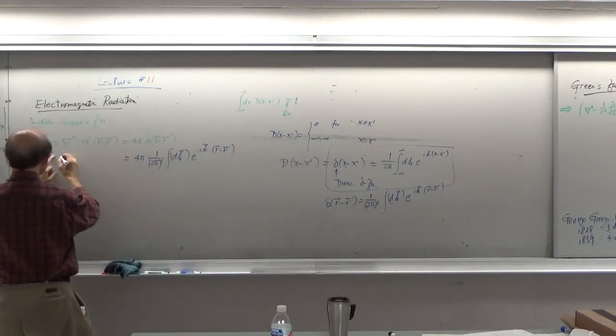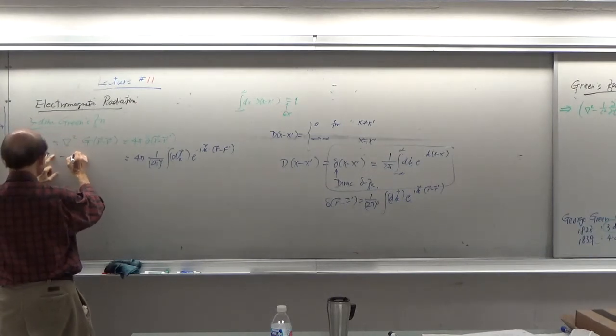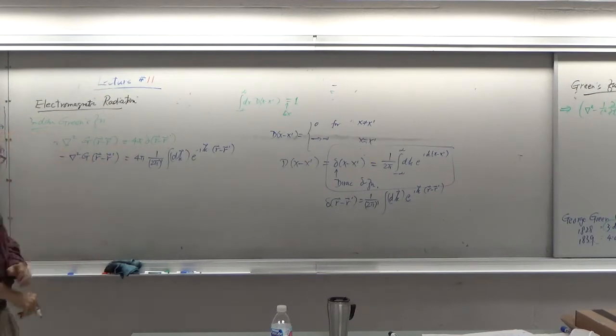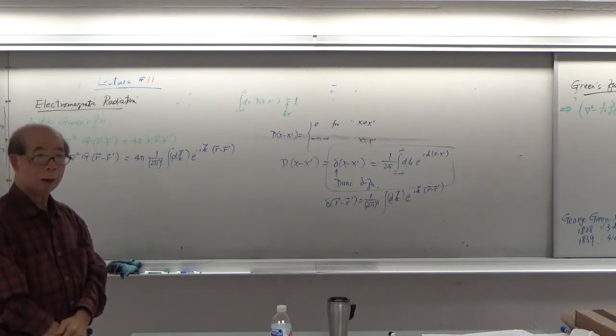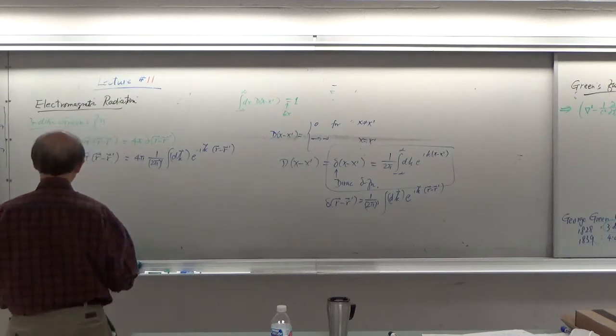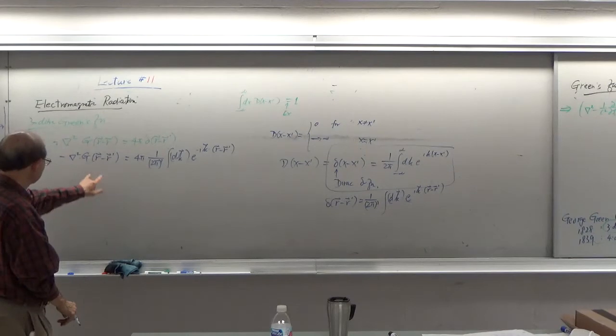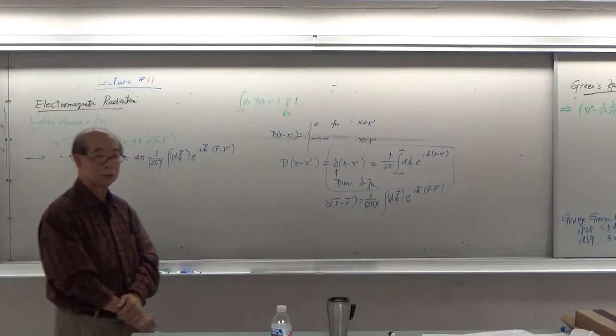And that is equal to minus Laplacian acting on the 3-dimensional Green's function. Now, I have to solve this differential equation to get my 3-dimensional Green's function.